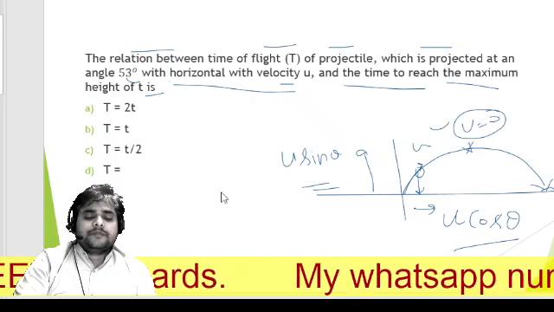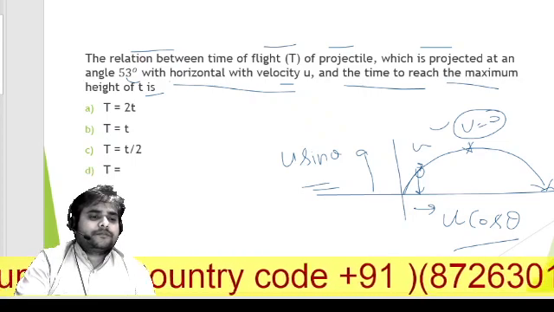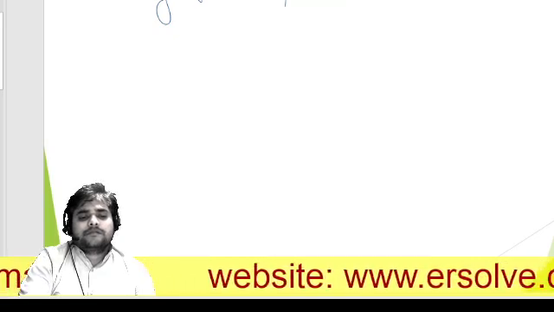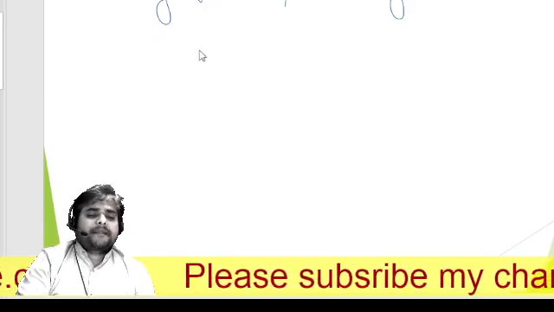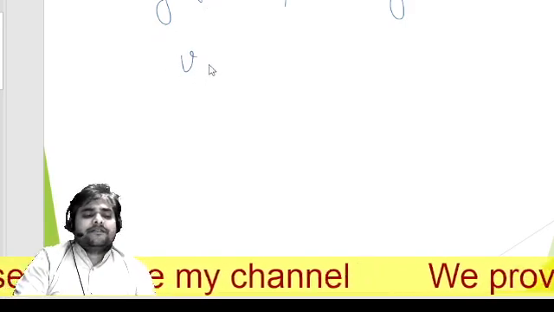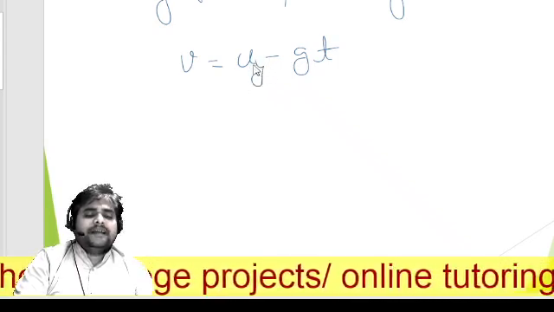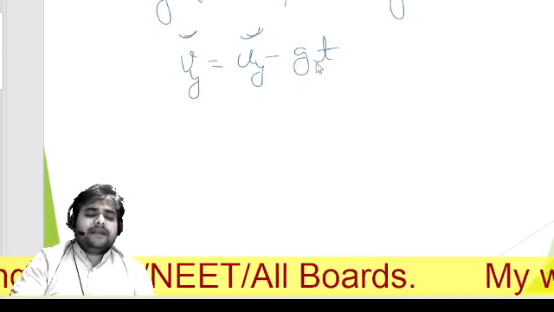Now using the first equation of motion, v equals u minus g into t. For the y direction, final velocity along y direction equals initial velocity along y direction minus g into t.